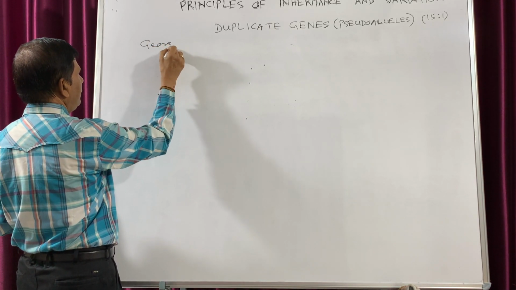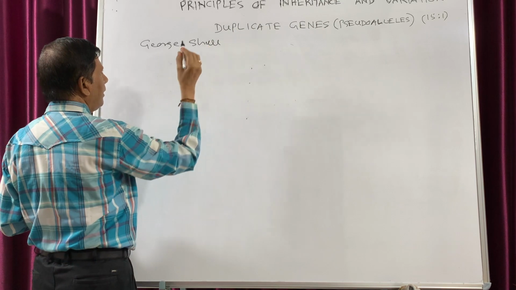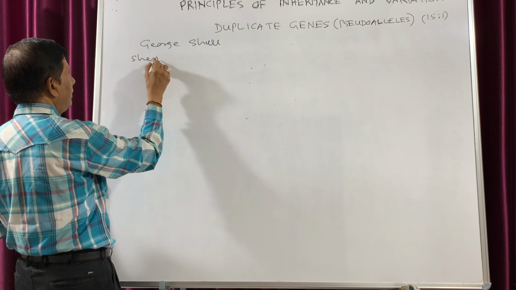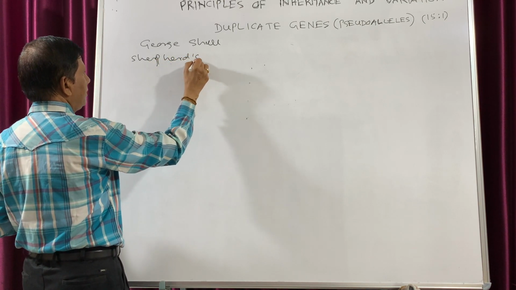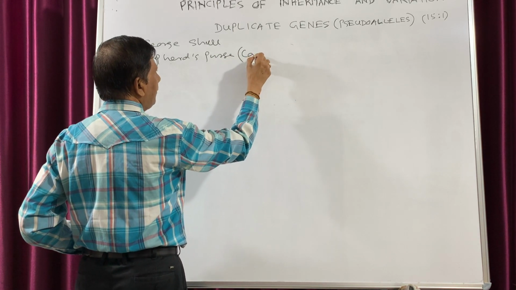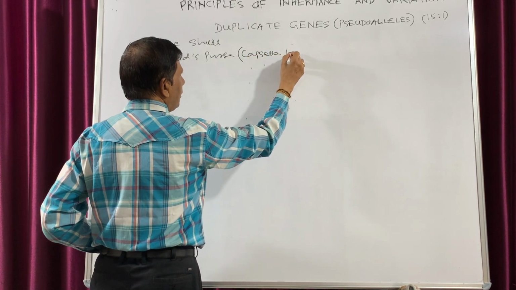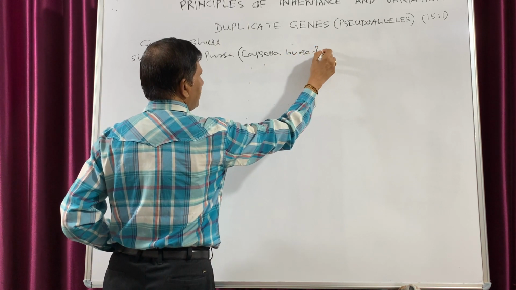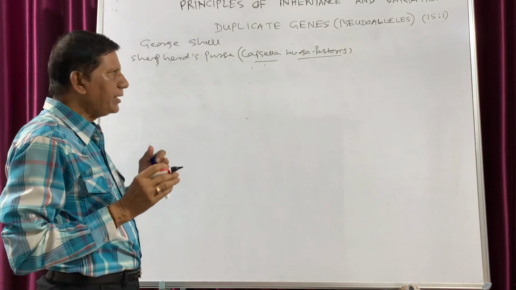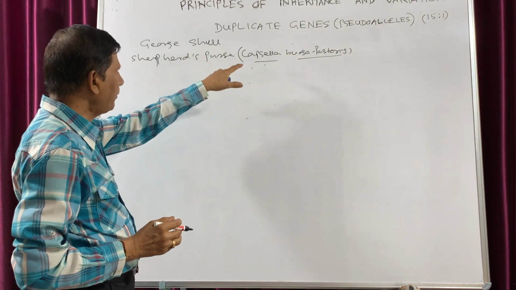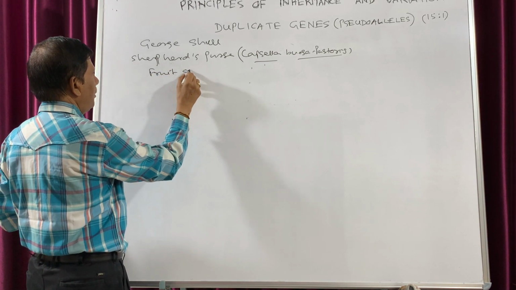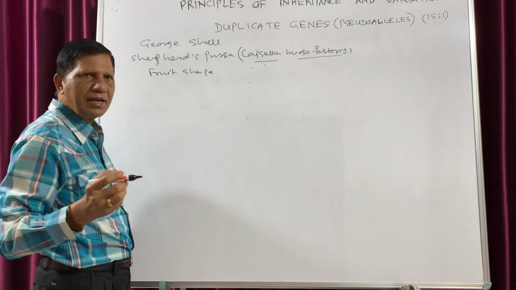George Searle gave the example from shepherd's purse, and its botanical name is Capsella bursa-pastoris. In this particular plant, he studied the fruit shape. And the fruit shapes are of two types.